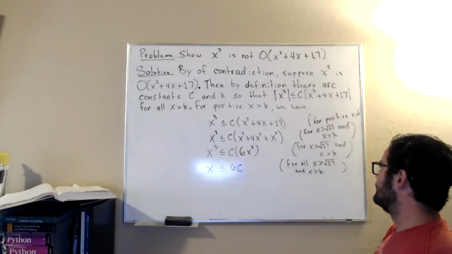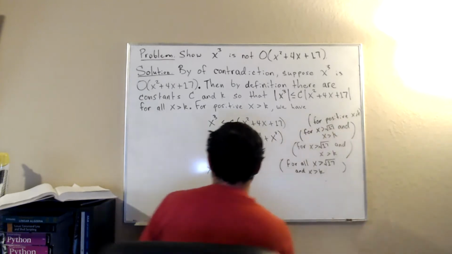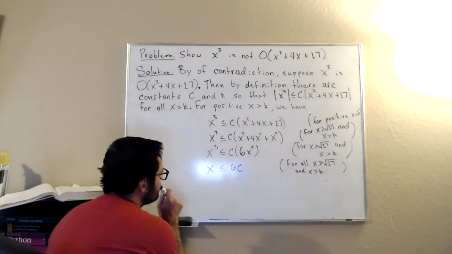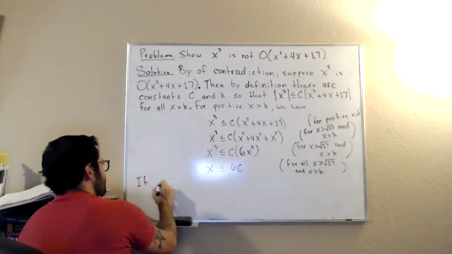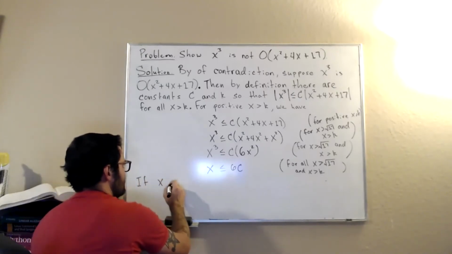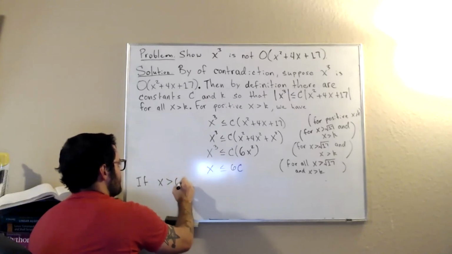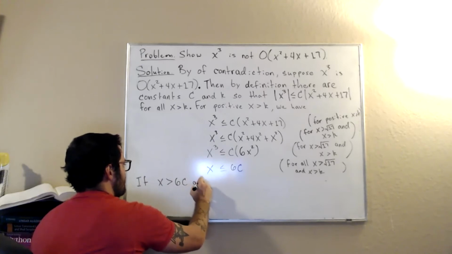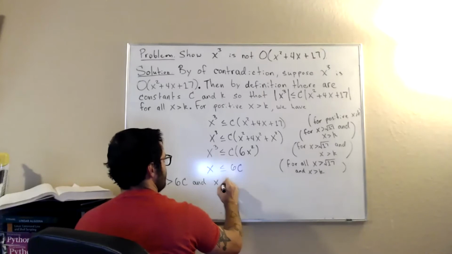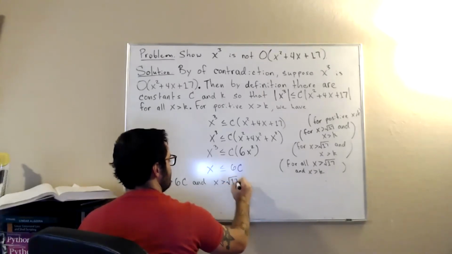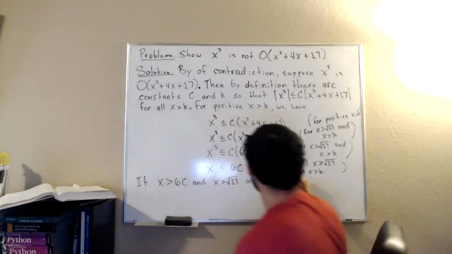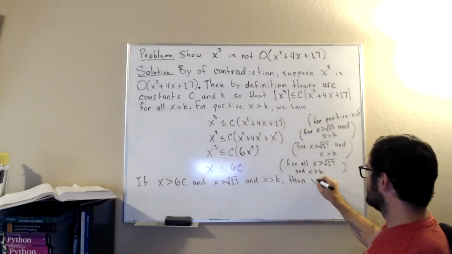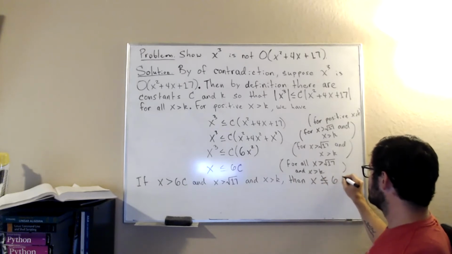So maybe we can say, yeah, if x is greater than 6 times c, and x is greater than root 17, and x is greater than k, then x is not less than or equal to 6c.